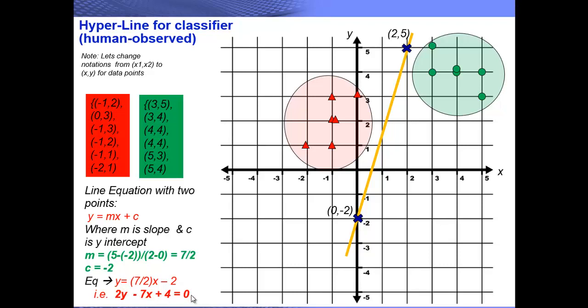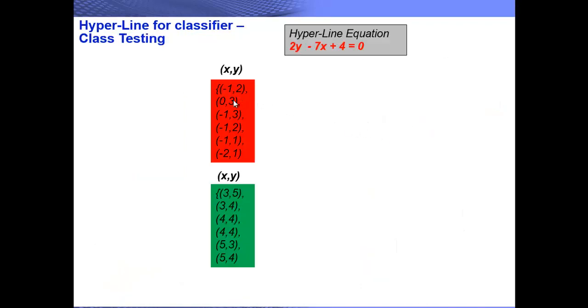So now this is the equation for this line, and this line is nothing but the hyperplane which is separating these two classes. Now let's test, because we got this hyperplane equation and we have this data. Let's see how this line is useful in separating these two classes, or any points near these points.